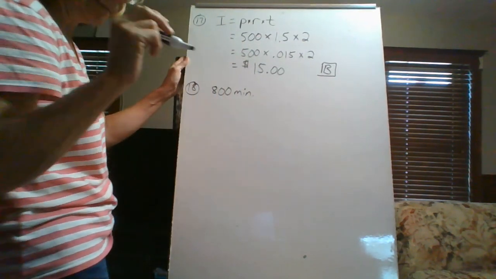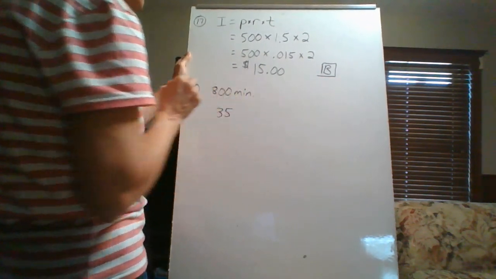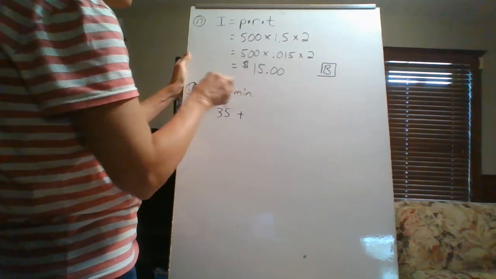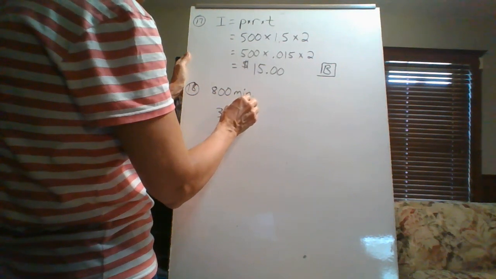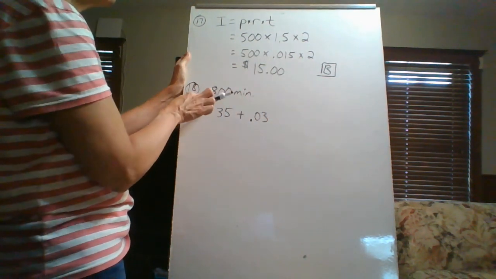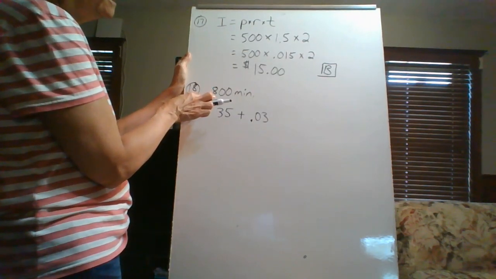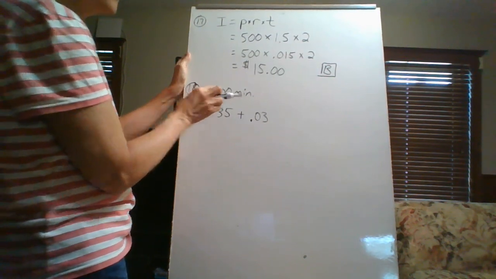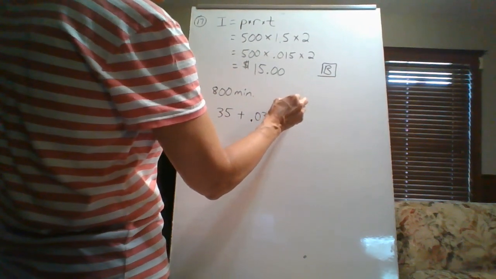He uses 800 minutes. Well, they've told me no matter what, it costs $35 plus 3 cents, which is 0.03, because I'm going to do it as cents, for every minute over 500. Guys, 800 minus 500 is 300. Okay, so got to think that through.